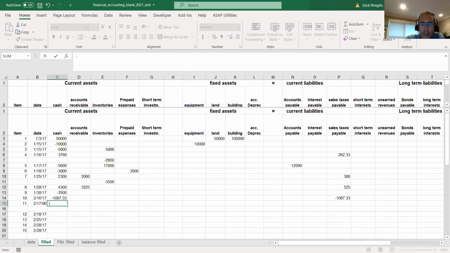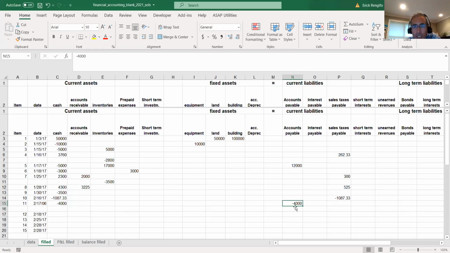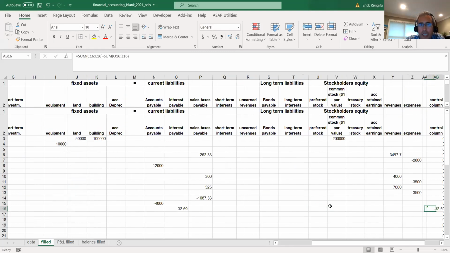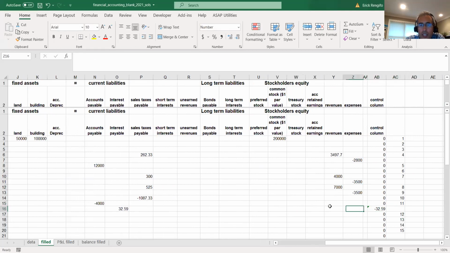Sorry, paid is negative. This will reduce my loan. Where is my loan? My accounts payable, $4,000. You agree? But also, this will increase by the 32.59 interest. So I'll pay this when I pay my debt. And this immediately, guys, goes into an expense. You see?